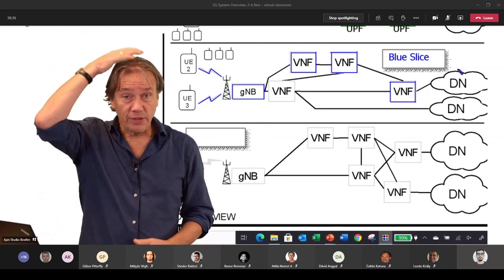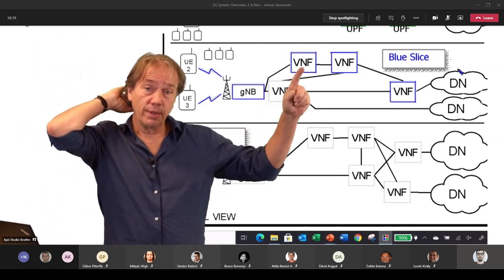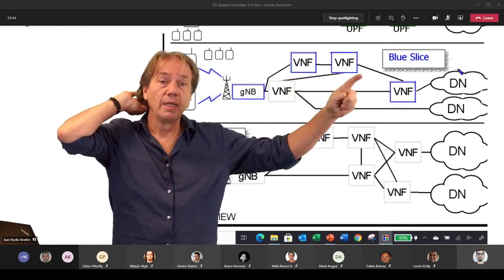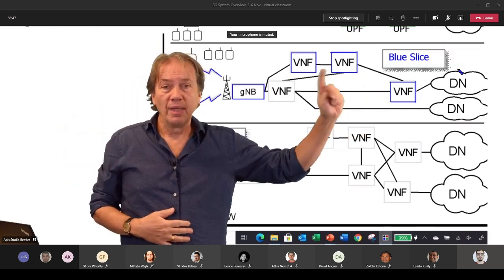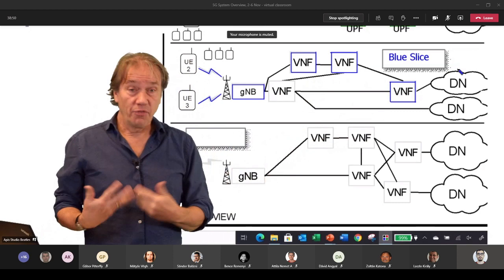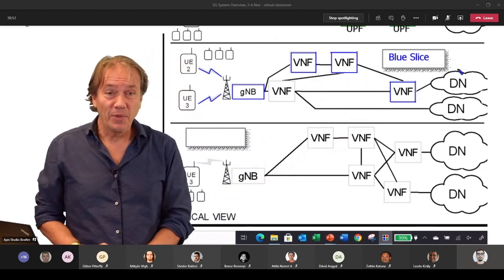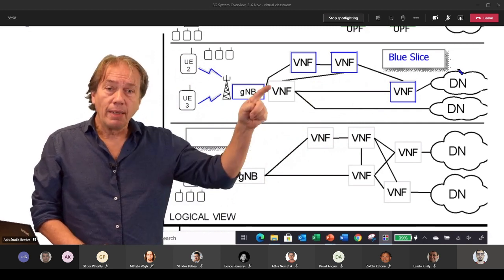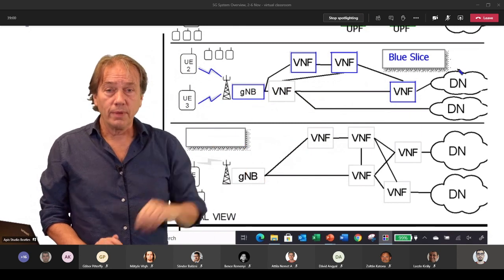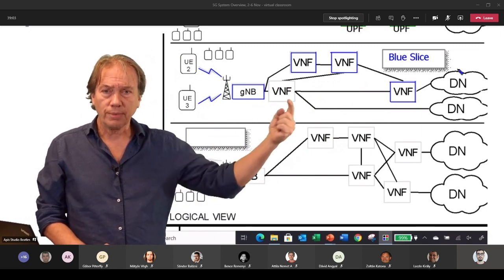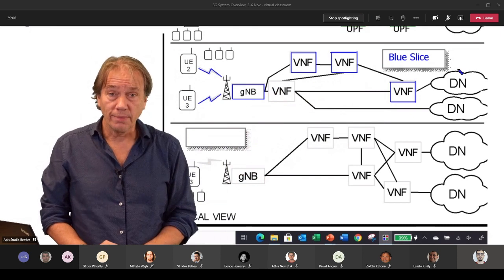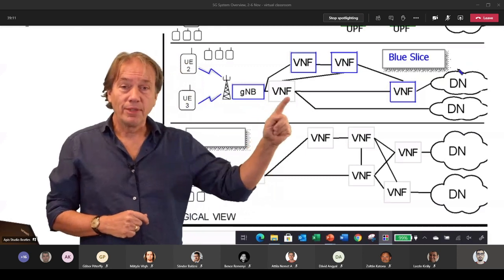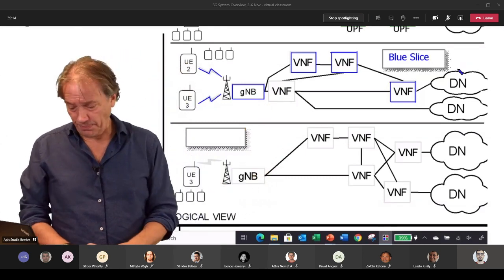My intention when I did the picture was that this is an AMF, this is an SMF, session management function, this is a user plane function. I will not write it. If you have pens and papers and you want to write it, go ahead, but I will not. Here we have a fourth VNF, which is close to the gNodeB, or at least, once again, that's my intention, that this is short distance.